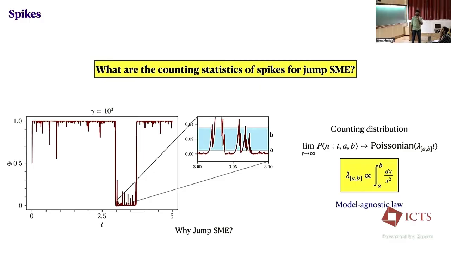So Abhishek and I came across some recent papers which simulated these jump stochastic master equations very efficiently. And we thought, okay, maybe if we can leverage those platforms and see whether those can be used to observe spikes experimentally, this could be a very well-motivated problem, if you just look at spikes for jump stochastic master equations.